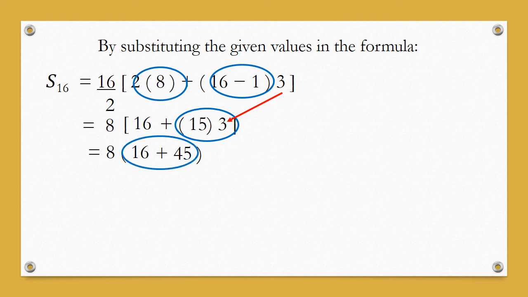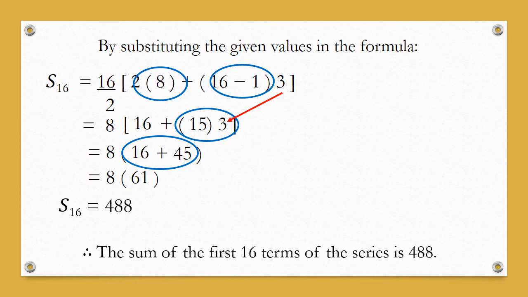Adding 16 plus 45 will give you 61, then copy 8. And now, pwede ka nang mag-multiply ng 8 times 61. The answer is 488. So the value of S sub 16 is equal to 488. Thus, the sum of the first 16 terms of the series is 488.